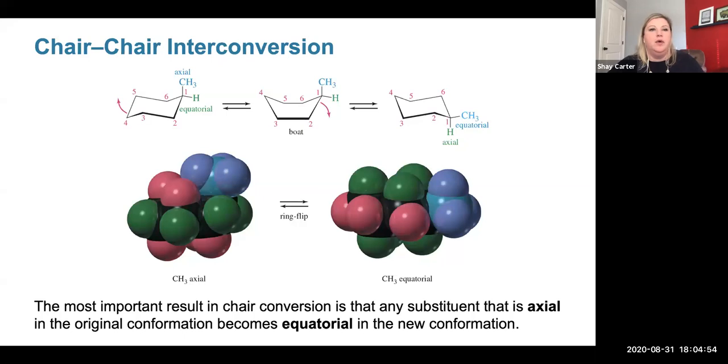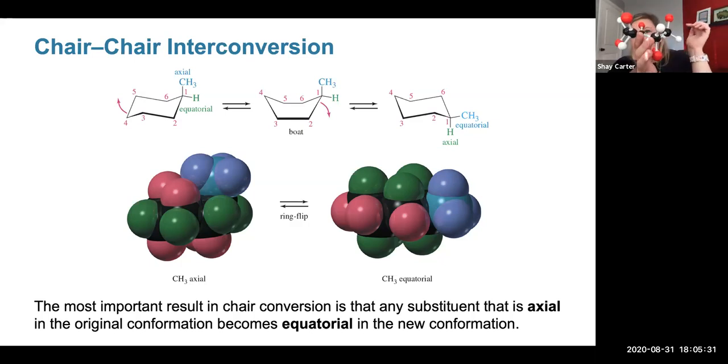Now, we can have chair-chair interconversions. Sometimes these are called ring flips, okay? So here, all of my white hydrogens are in the axial position, okay? They're sticking up above and below the ring, and all of my red hydrogens are in the equatorial position. But I can do what's called a ring flip, in the chair, hold on, it takes me just a little bit.